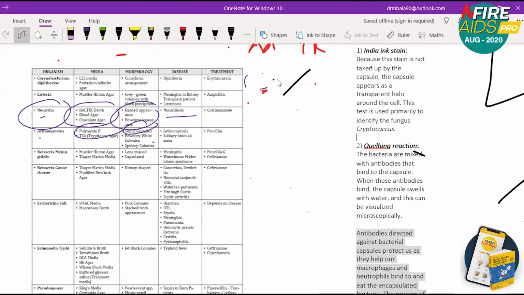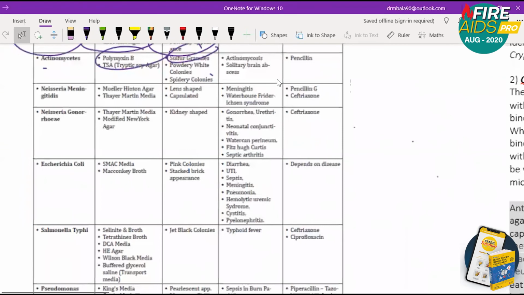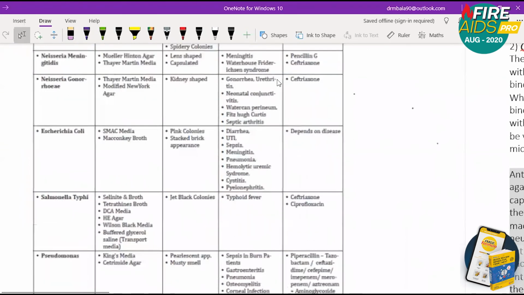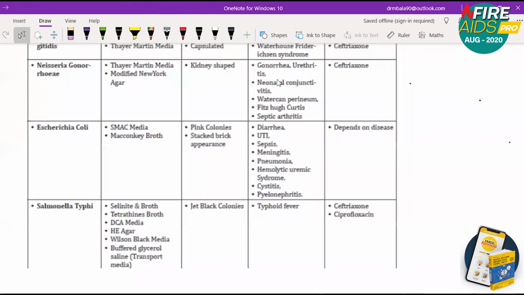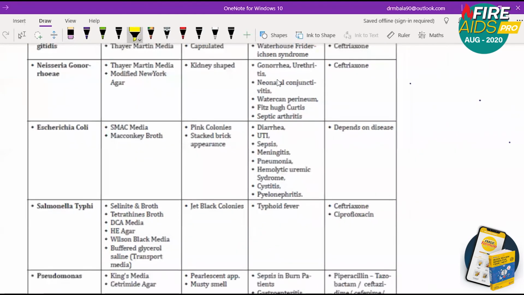Then we go to the next one, that is E. coli, Escherichia coli. Very important one, E. coli. So E. coli usually has 5 types. I did not show here. So that is toxigenic type, that causes traveler's diarrhea.